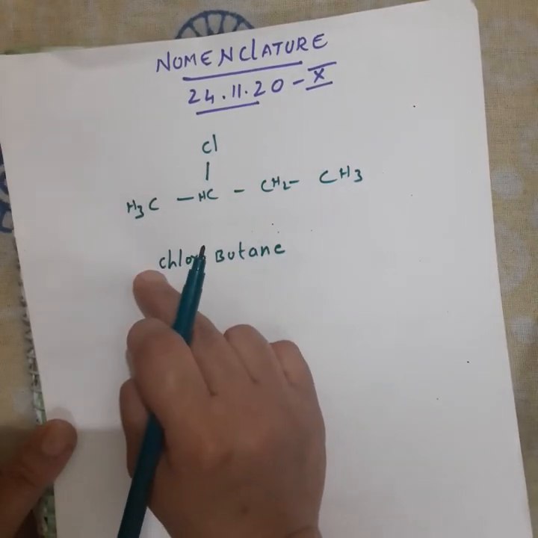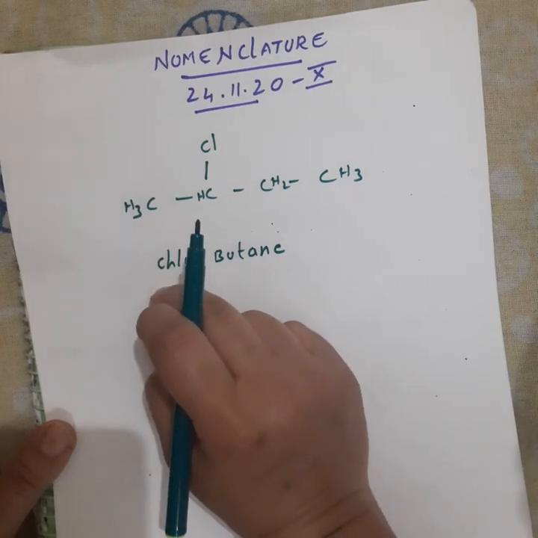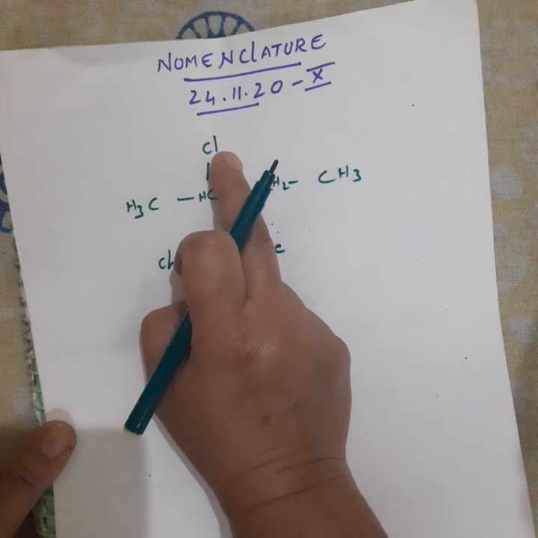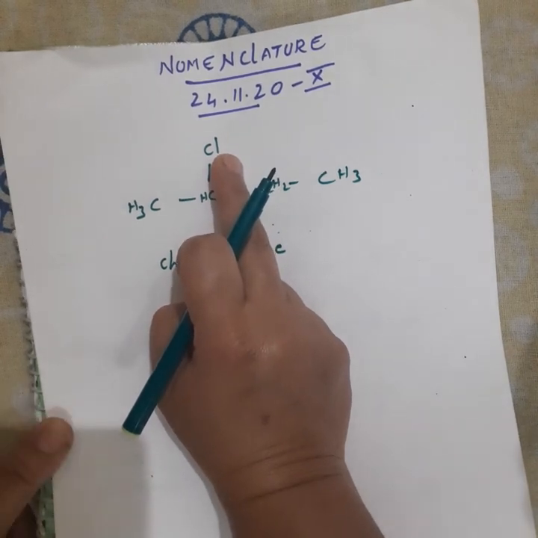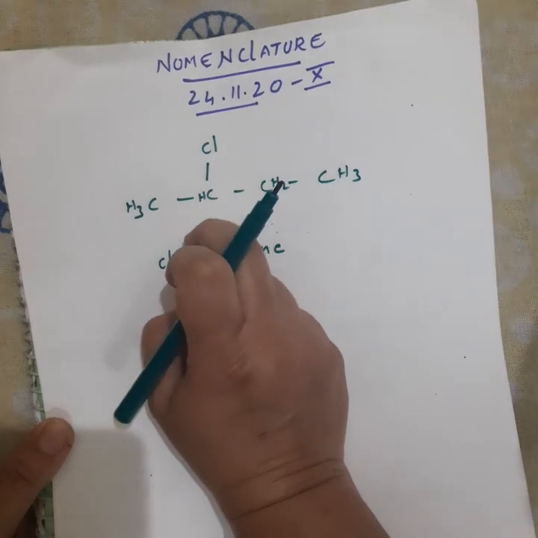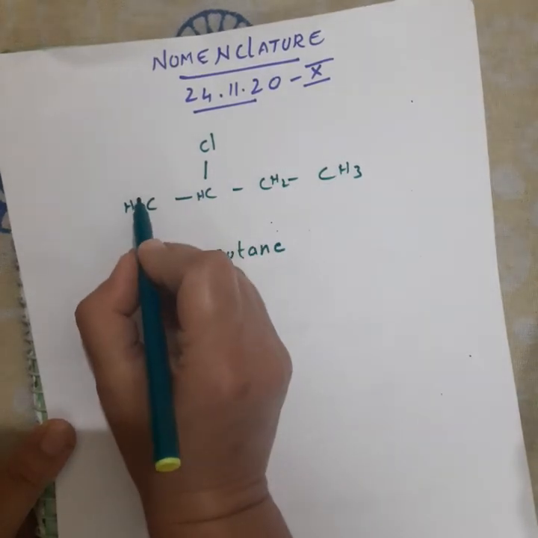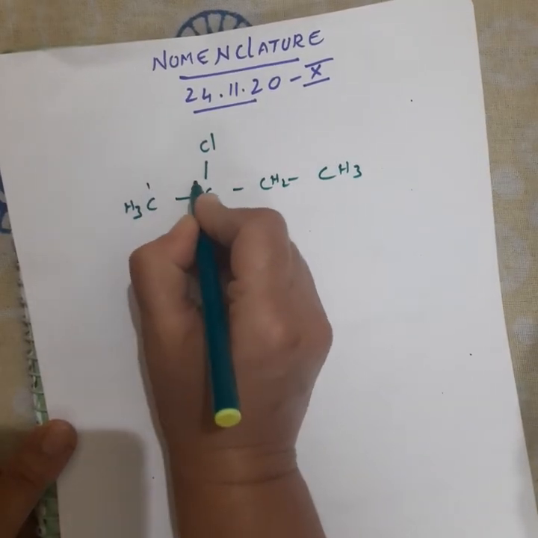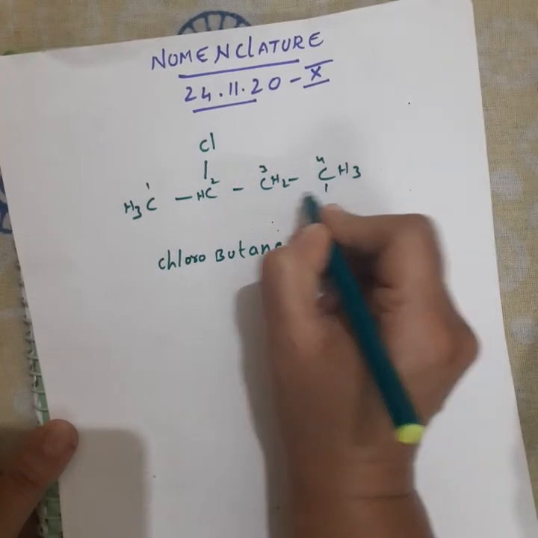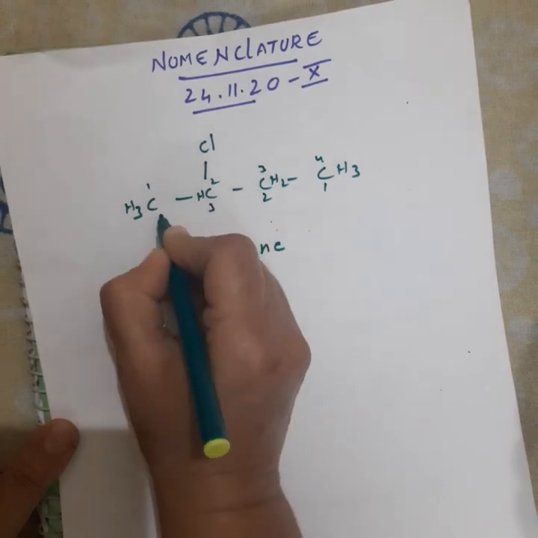Then the third rule, that is the numbering position. As we have learned, which number should be given? The least value or the least number. If I start from my left, the numbering would be 1 2 3 4, and if I start from my right, 1 2 3 4.